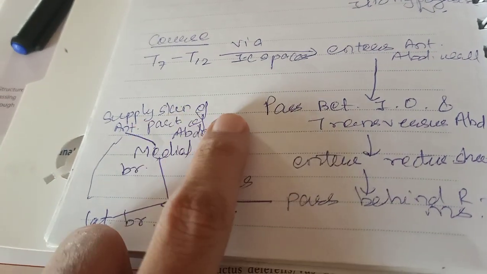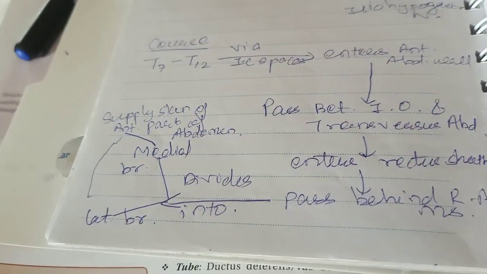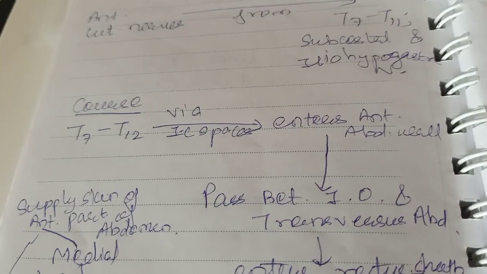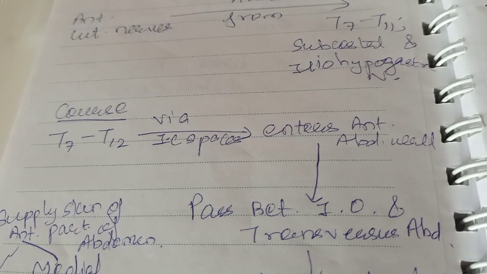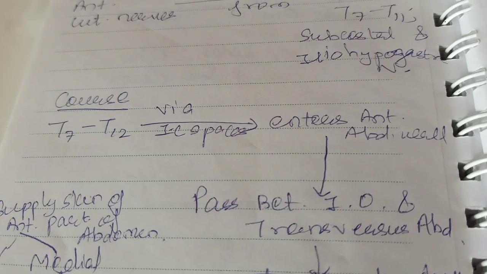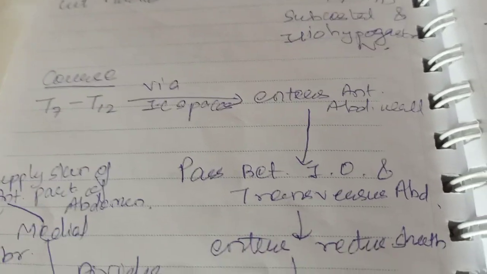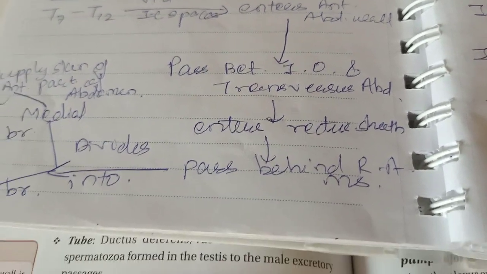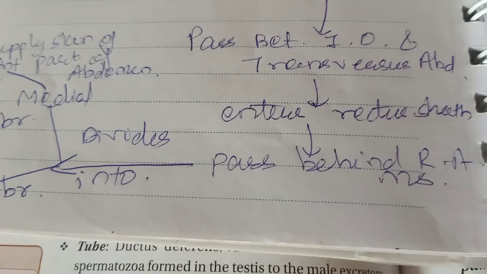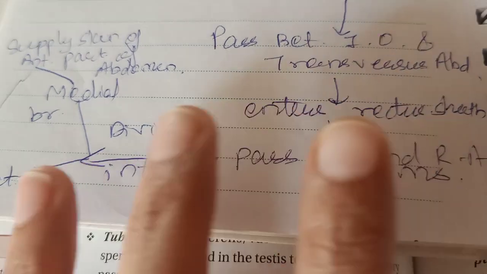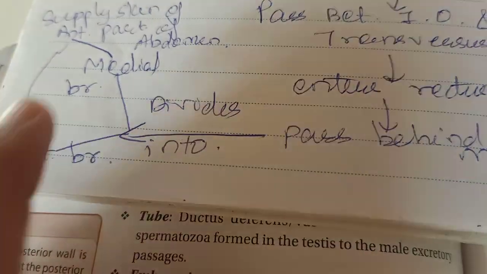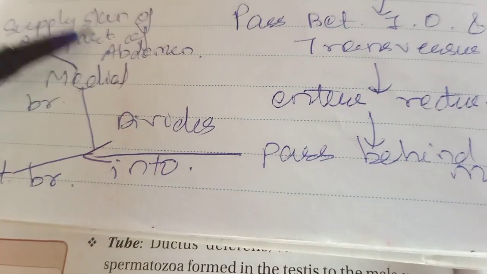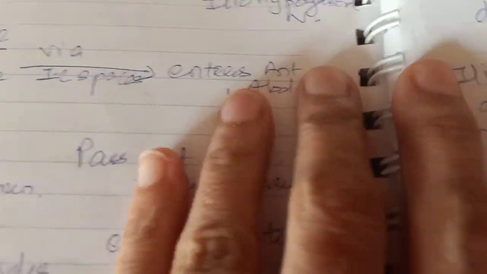The medial branch will supply the skin of the anterior part of the abdomen. So the course of T7 to T12: it arises from the thoracic vertebrae, goes into the intercostal space, enters the anterior abdominal wall, passes through the internal oblique and transversus abdominis, then the rectus sheath, behind the rectus abdominis, and divides into medial and lateral branches, with the medial branch supplying the skin of the anterior abdomen.